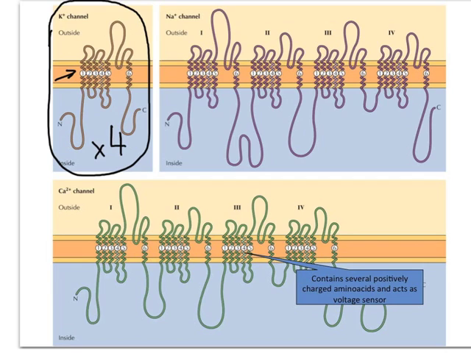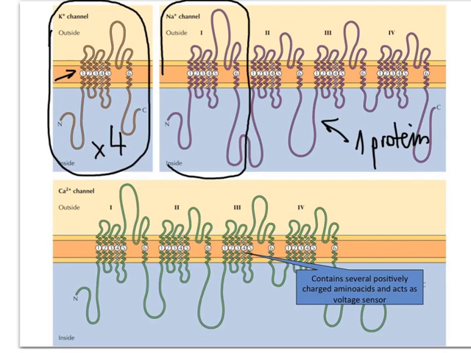The sodium channel is made of only 1 protein. However, this single protein is subdivided into 4 main domains, and each one of those domains is pretty much identical to the structure of the potassium channel. As you can clearly see here, this main structure contains 6 transmembrane domains that look almost identical to the potassium channel.